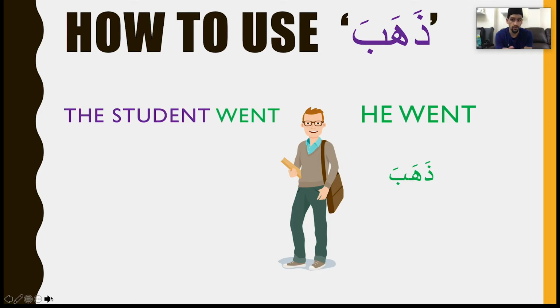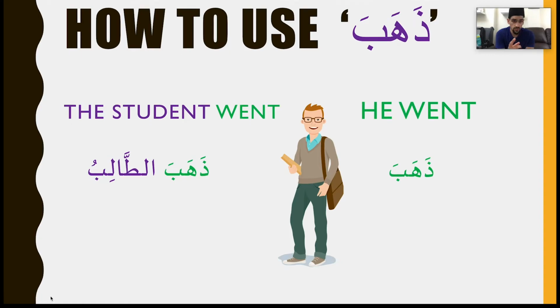Now how do you say the student went? ذهب الطالب. Here we have the verb first, and then the subject comes second. ذهب الطالب, meaning the student went, and this is a full sentence.